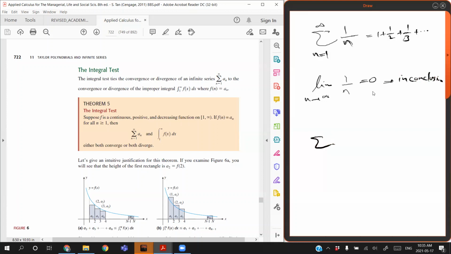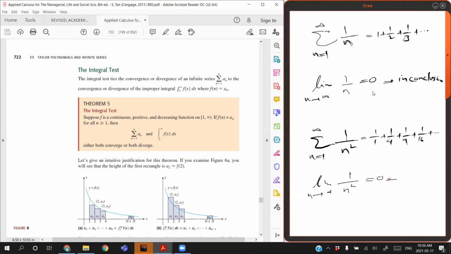Same for this one. Let's say sigma 1 over n squared, n from 1 to infinity. That is 1 over 1 plus 1 over 4, then 1 over 9, then 1 over 16. Again, if you take the limit of 1 over n squared as n approaches infinity, that's going to be 0.